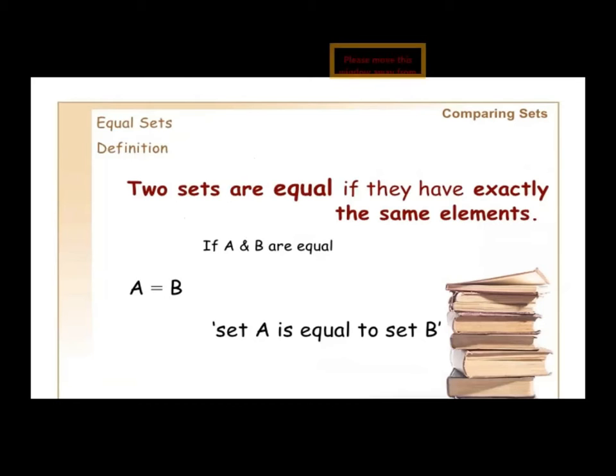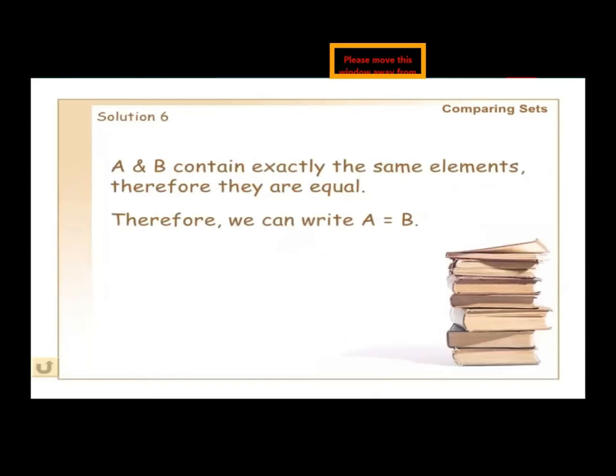Same elements means we are not talking about the number of elements present in the set. We are talking about the members which are similar in both sets. Set A equals set B means that A and B contain exactly the same members, therefore they are equal. Therefore, we can write A equals B, meaning A is the equal set of B.